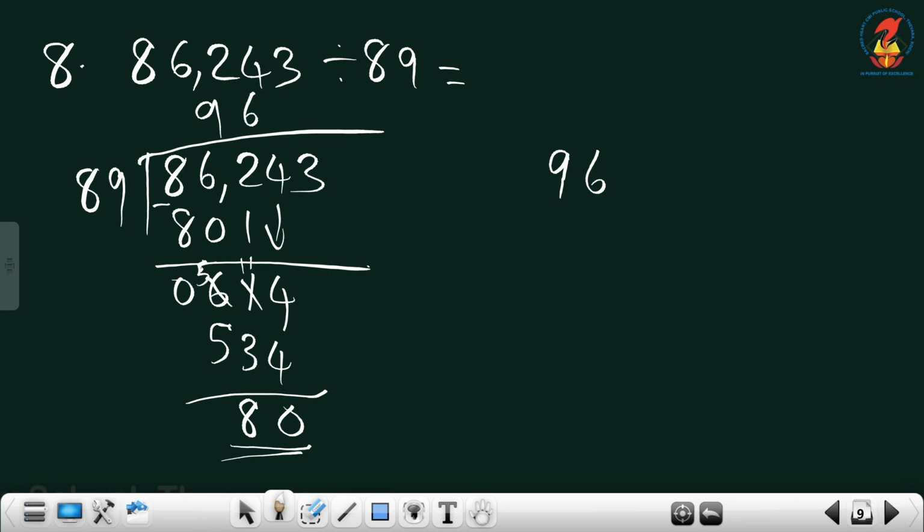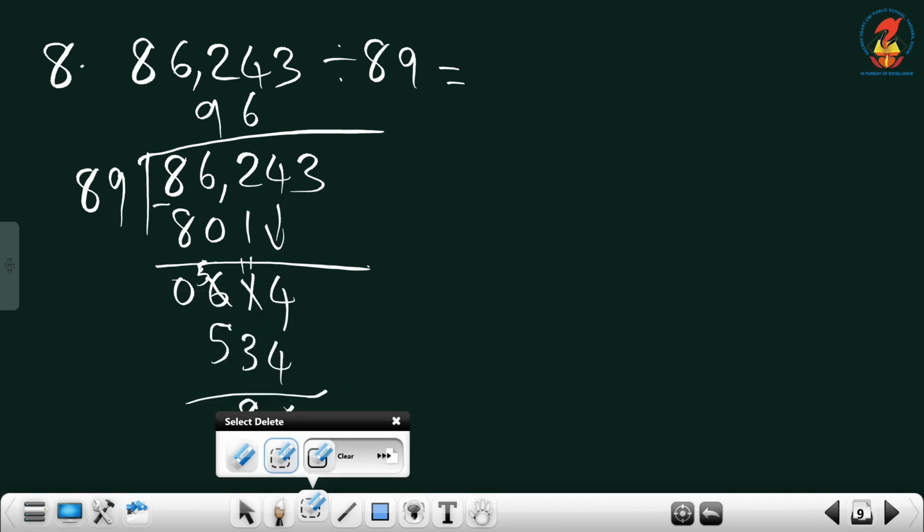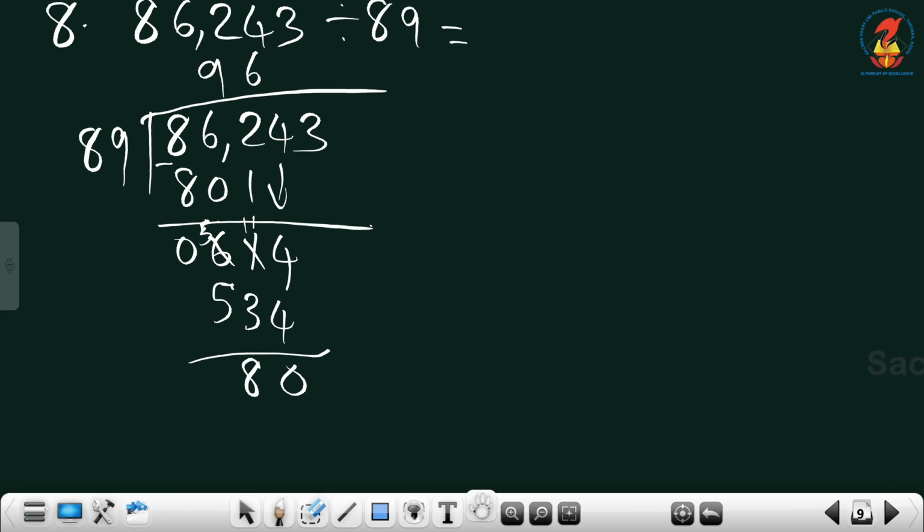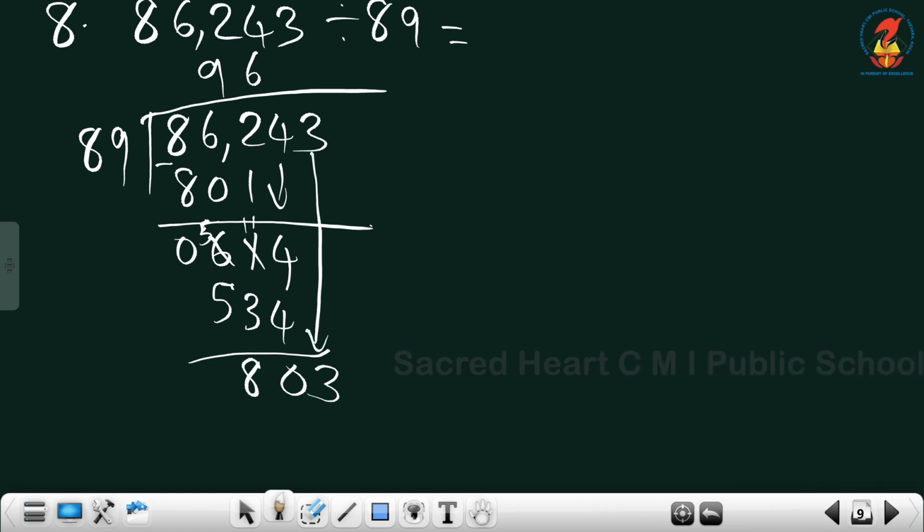Oh, one more digit is there, right? Okay, yeah, we didn't consider this number, right? You must be careful in the division, right? First we need to check. Yeah, we need to take one more digit down, that is 803.